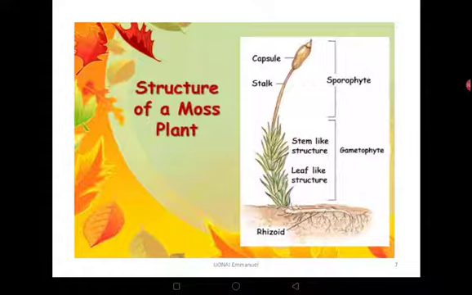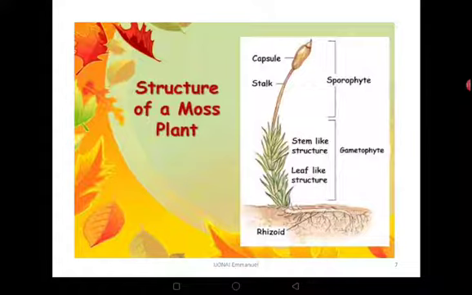When you look at the moss, it has two generations, or you could say two parts, but better to say two generations: the sporophyte generation and the gametophyte generation. The sporophyte consists of the capsule and the stalk there, as you can see, and that capsule contains spores inside it. It's actually the spore capsule.